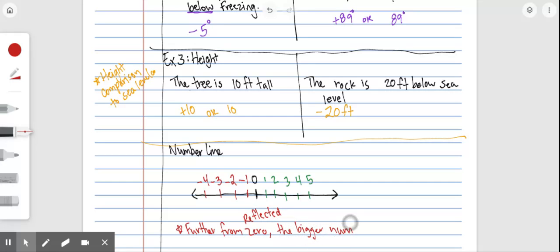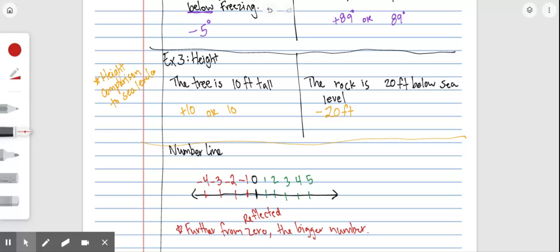Now this is not talking about value, because obviously owing $4 to somebody is more than owing $1 to somebody else. It's talking about the size of it, like 4 is a bigger number than 1 is.